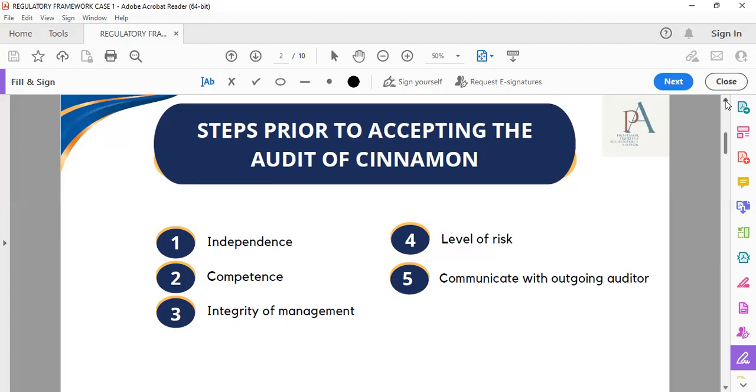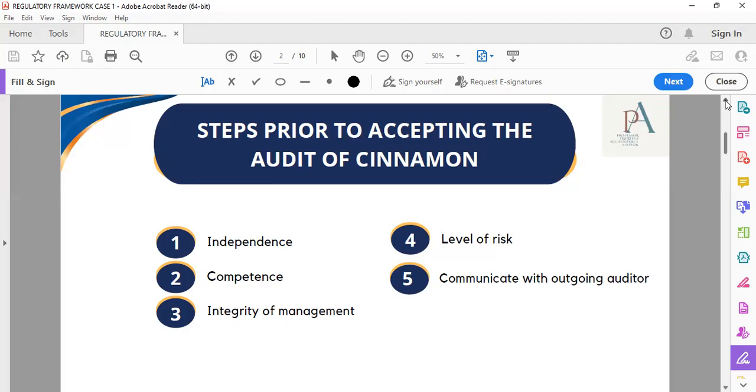The next factor to take into consideration is the integrity of the management. If the organization you are auditing does not have management that has integrity, the management will window dress the financial statement. They want to compromise the standard of the audit.